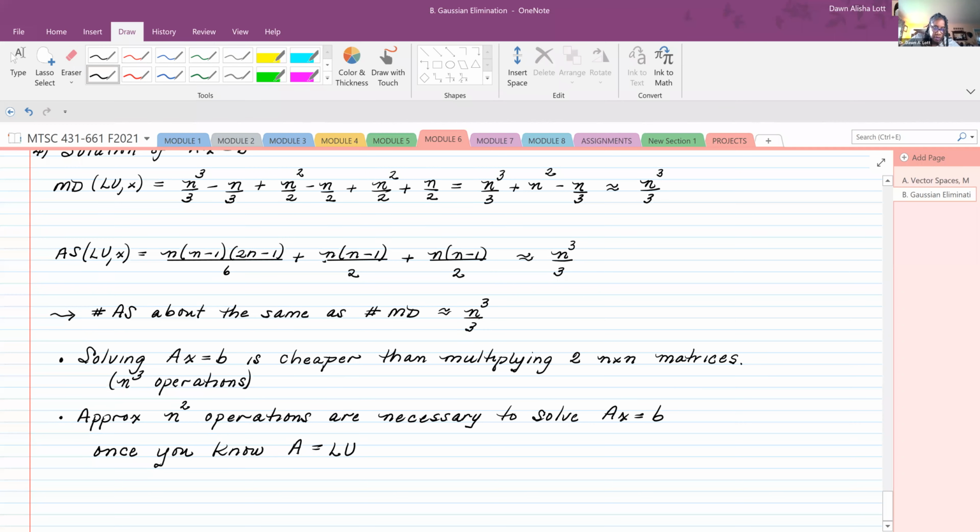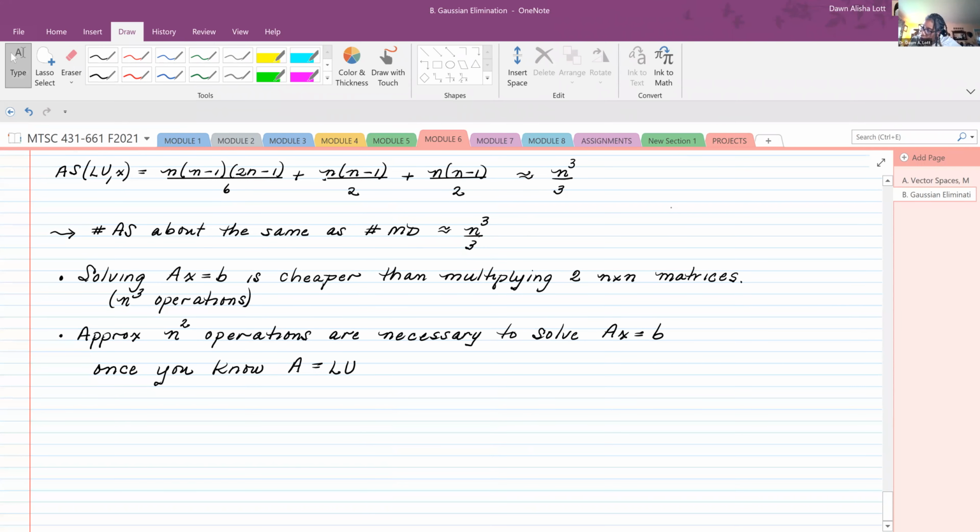And the last thing is that it's much cheaper than Cramer's rule, which uses determinants.